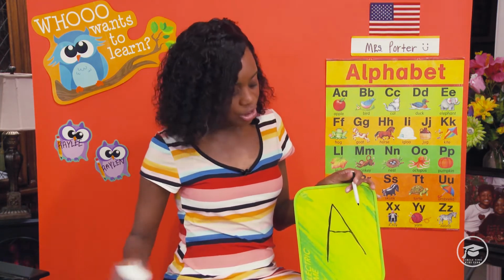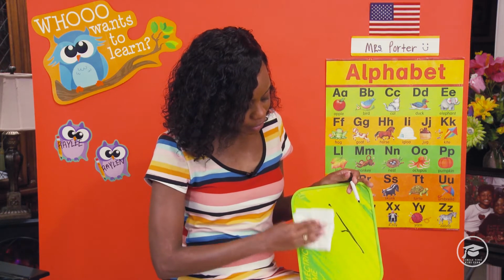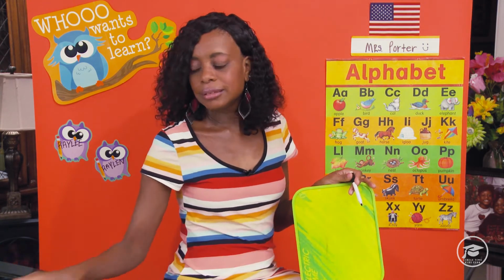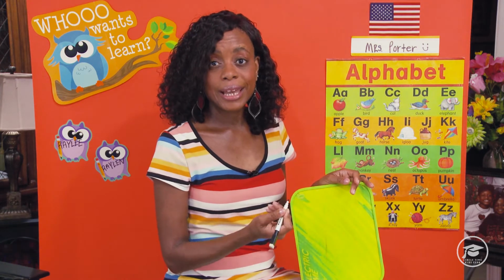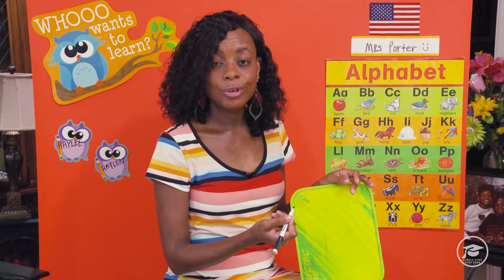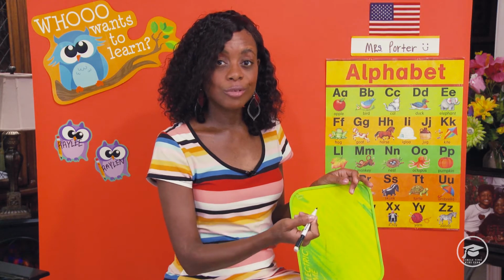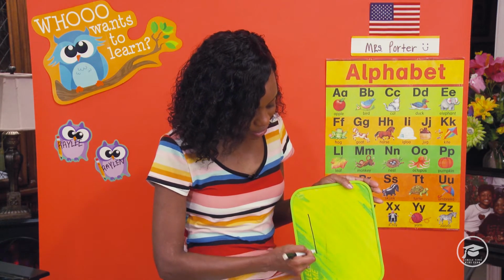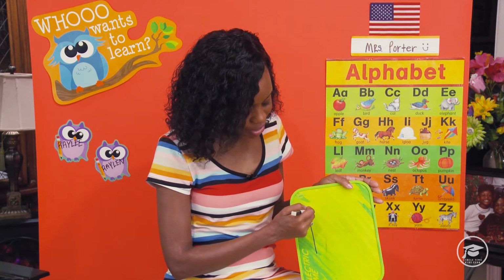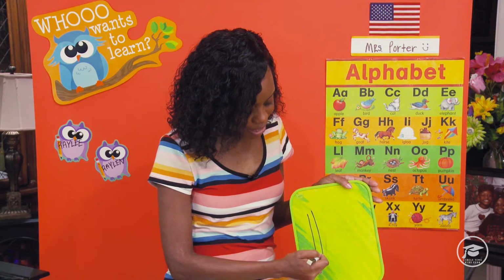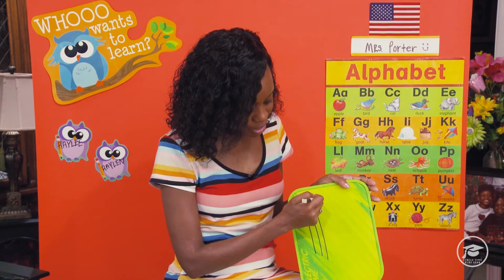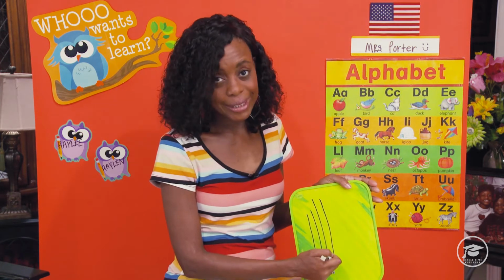Now, since we are learning, why don't we just make lines? You can also just make lines until you get comfortable with making an actual letter. So let's do a line. See? That's easy. Just up and down, up and down, up and down.